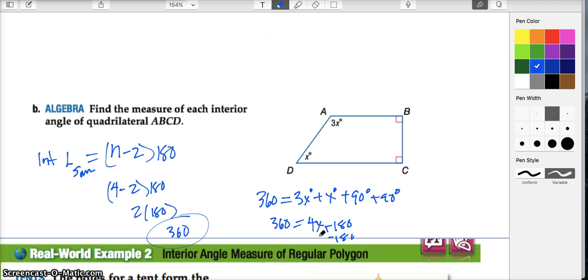If I subtract 180 on both sides, I get 360 minus 180 is equal to 4x. I'm going to divide both sides by 4, and you know what happens? X is equal to 45. And since x is equal to 45, this angle has to be 45 times 3, which is 135. And I've answered the question.